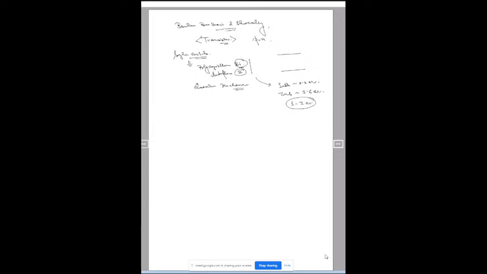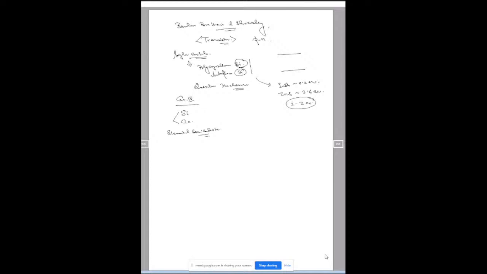Now, if you see the periodic table, you will find that we have two elements in the periodic table, in group 4, which are semiconductors, which exhibit this kind of band diagram which I have told you. They are silicon and germanium. So these two semiconductors are called elemental semiconductors, because they are elements and they belong to the periodic table.